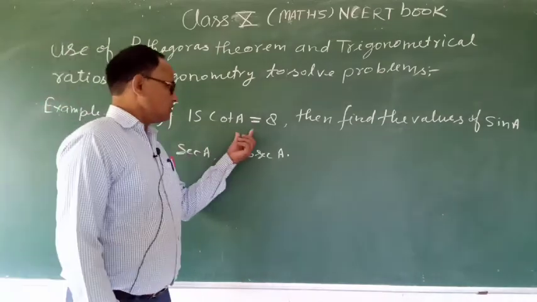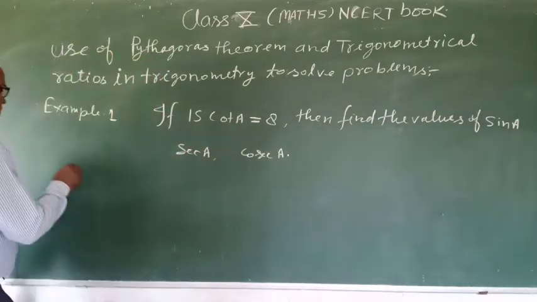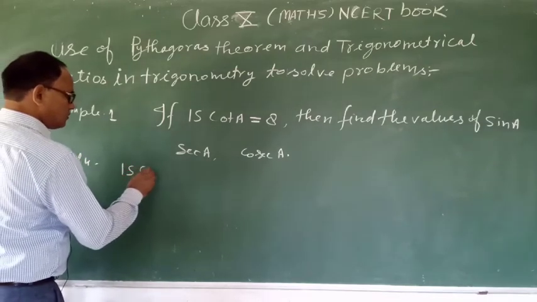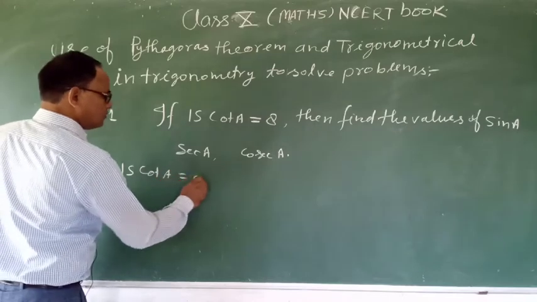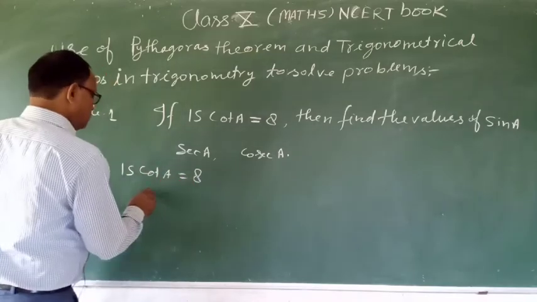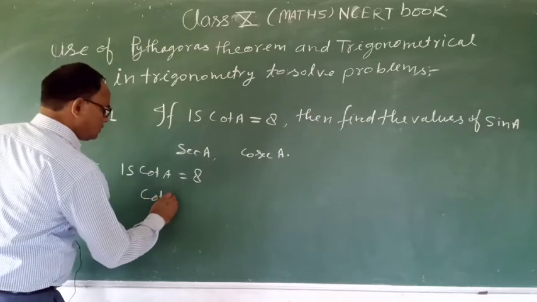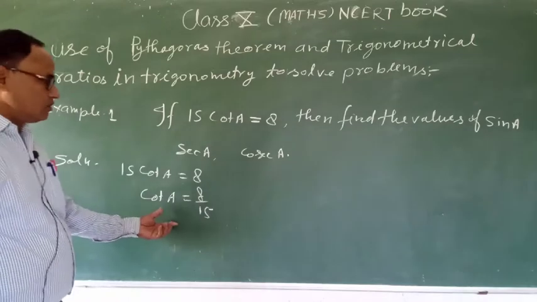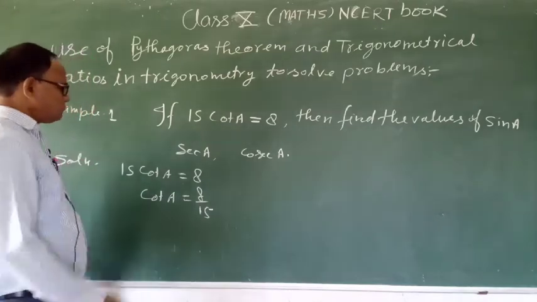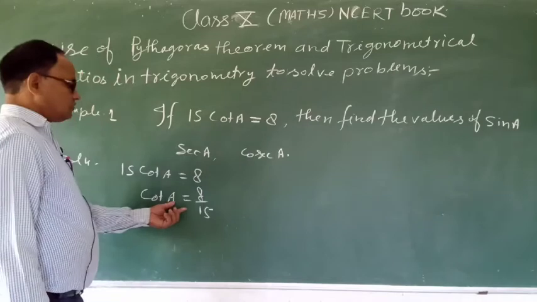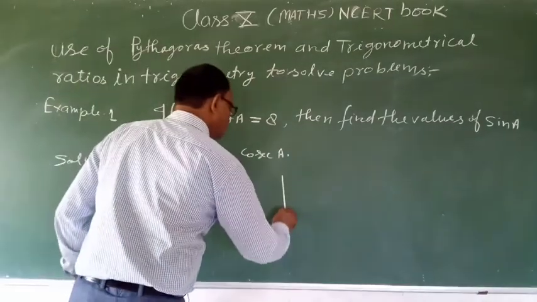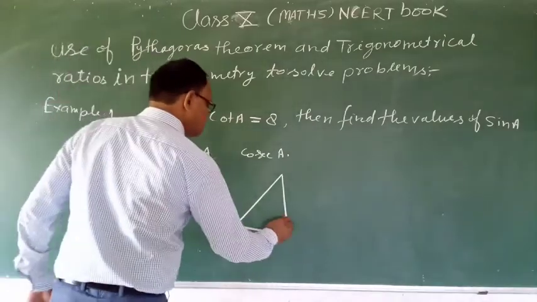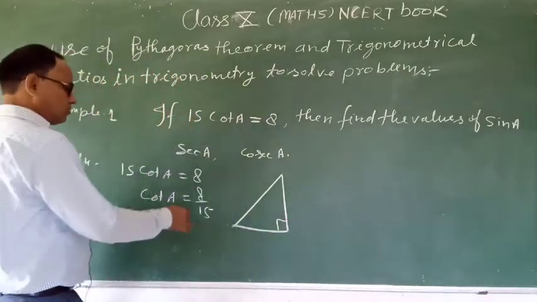Here for solution, 15 cot A is equal to 8 given, and you can write cot A is equal to 8 by 15. Okay students? We solve it by Pythagoras theorem.